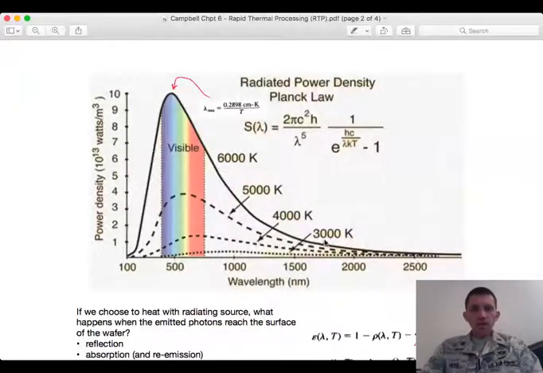As you go up in temperature, the dotted line is 3,000, the dashed is 4, 5, 6,000, you're going up in overall intensity, meaning the integrated area under these curves goes up very rapidly as I increase temperature. And also the wavelength of highest emittance for each of these black bodies is shifting to lower wavelengths as you increase the temperature.